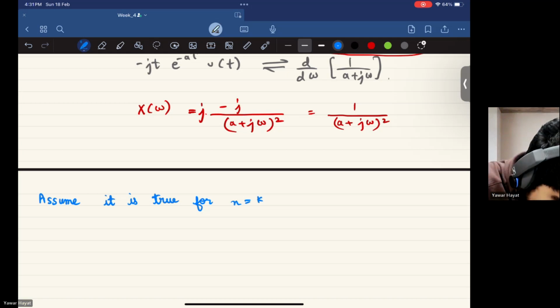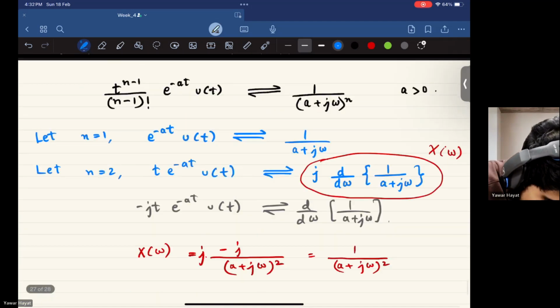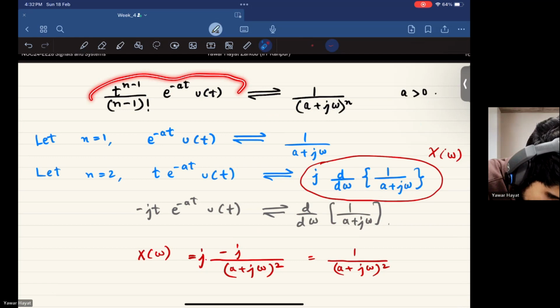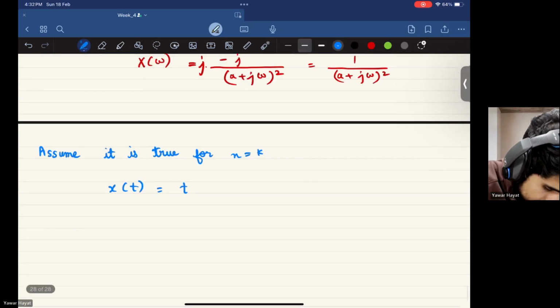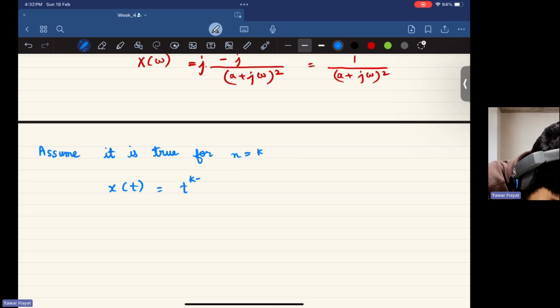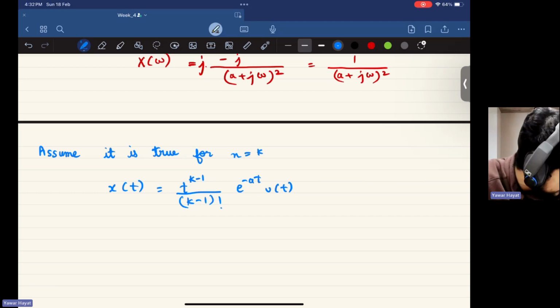Okay, so what is x of t when n is equal to k? x of t would be simply replacing n by k: t to the power k minus 1 whole divided by k minus 1 factorial, e to the power minus at u of t.